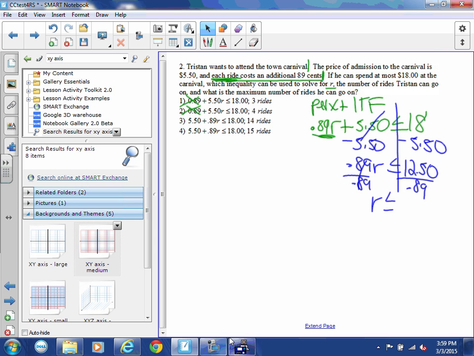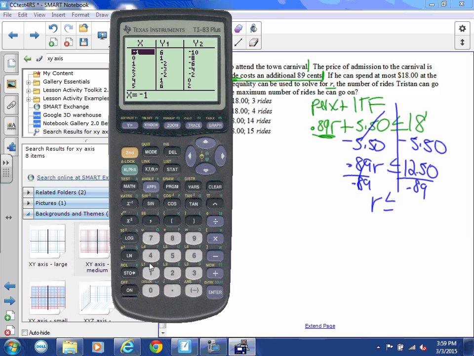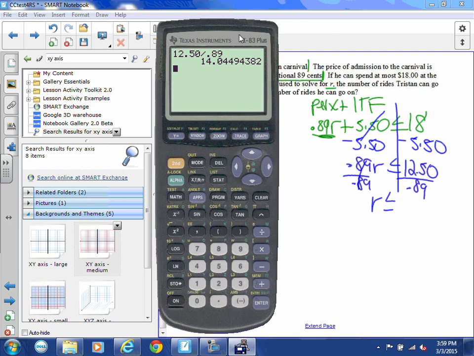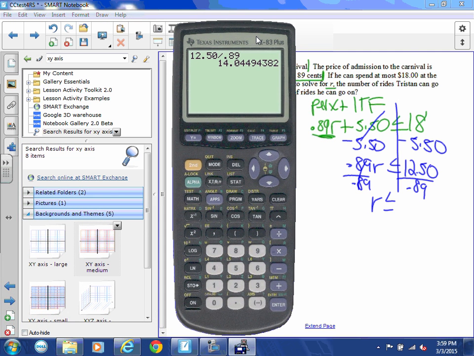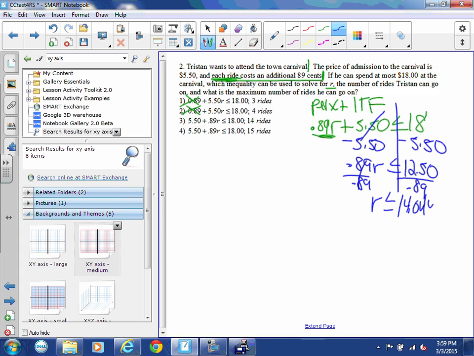Let's get my calculator up here. 12.50 divided by 0.89 is 14.0449, etc. You cannot go on 0.044 of a ride.